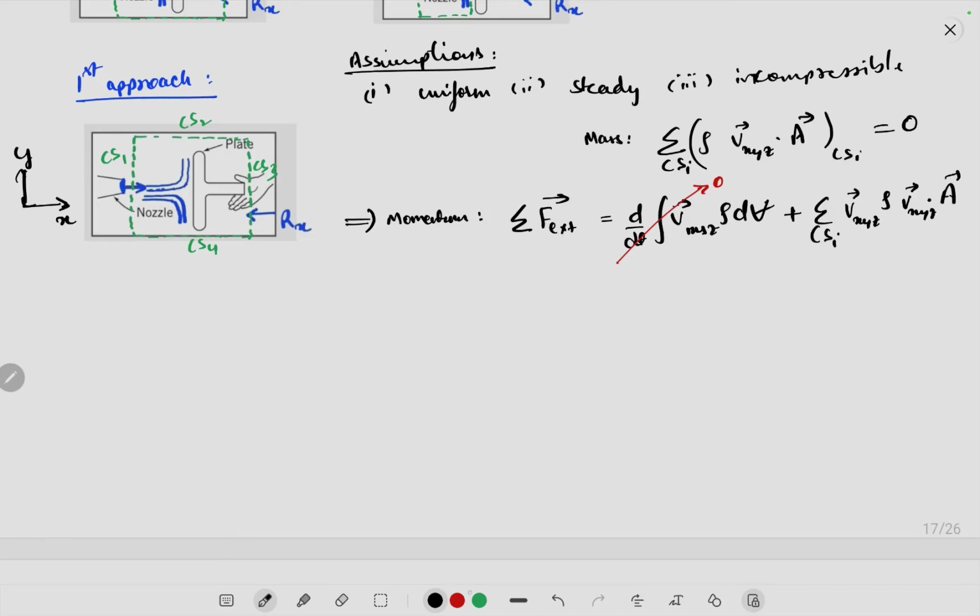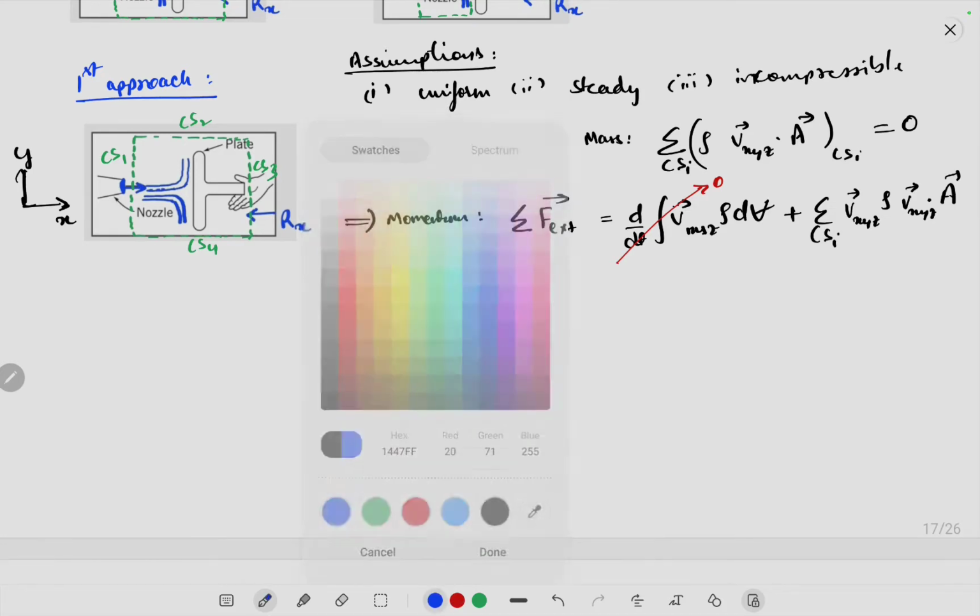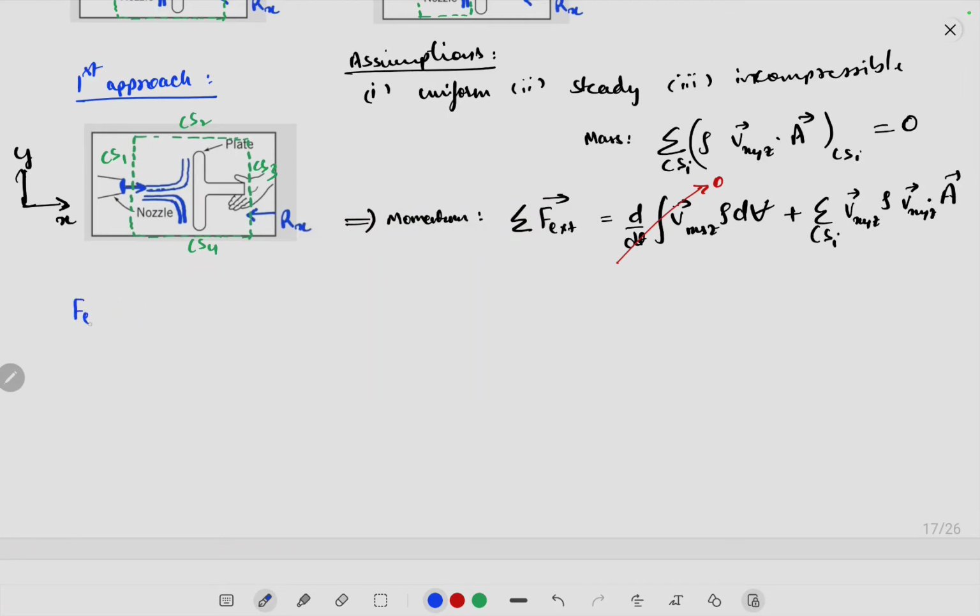So we'll have F external acting along x-axis equal to summation over CSI of V xyz acting along x-axis times rho V xyz dot A vector. Now please note that this V xyz is not along x-axis, okay, because the vector part of this equation is given by only this term.